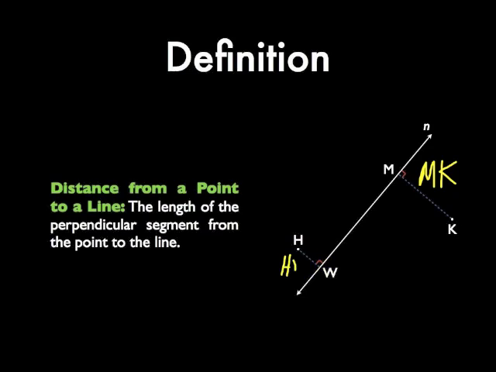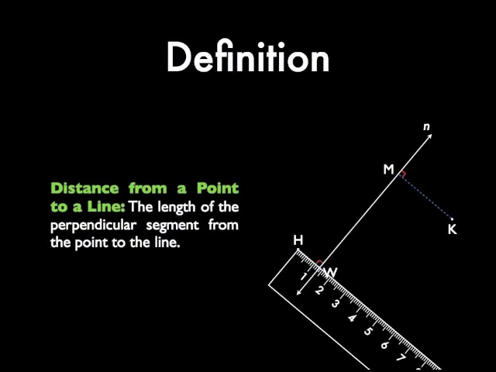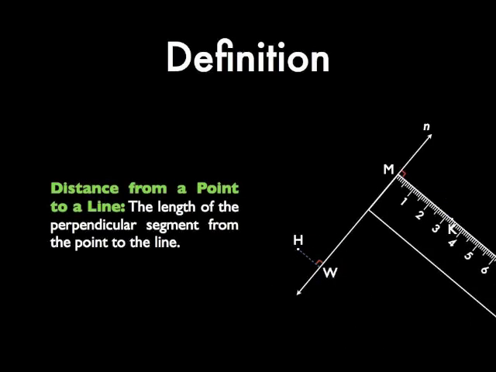I also want to show you something else that you might find interesting. If we look at the length of HW, we can see that it is 1 3/10 centimeters. So what we do is we measure the length of that perpendicular segment. But wait, that's not all. Notice that the length of segment MK is about 3 3/10 centimeters right here.